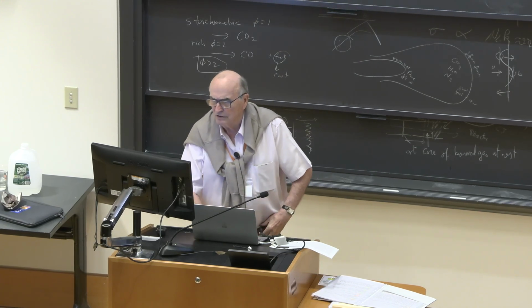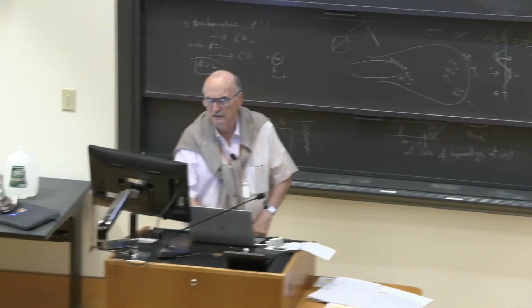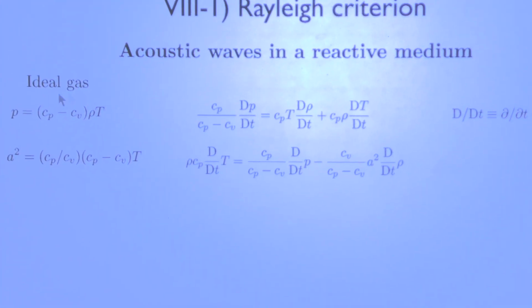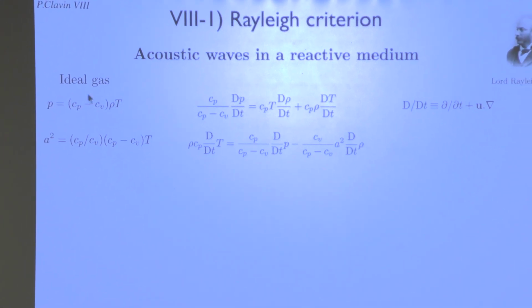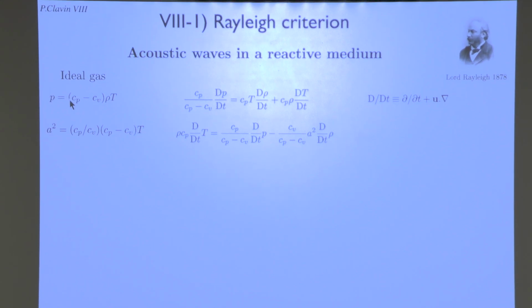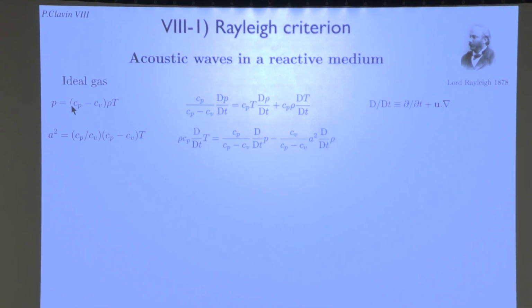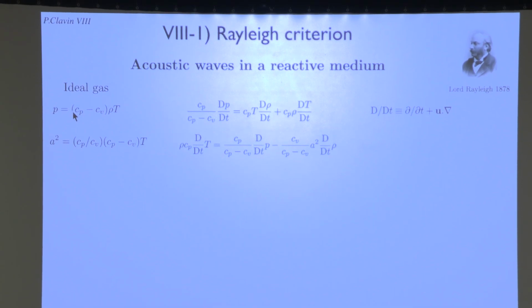In order to understand this, you start with the ideal gas, P proportional to rho T, and the coefficient here is simply the difference of specific heats per unit mass, the specific heat at constant pressure, which is larger than the specific heat at constant volume.